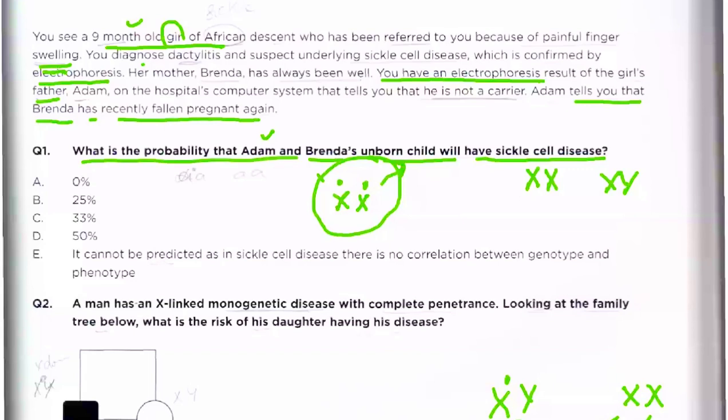Tell me, what are the chances? What is the probability? What is the answer? Is it 0%, 25%, 33%, 50%? What is the chance? Dr. Varda, what is the chance of this baby getting the disease?